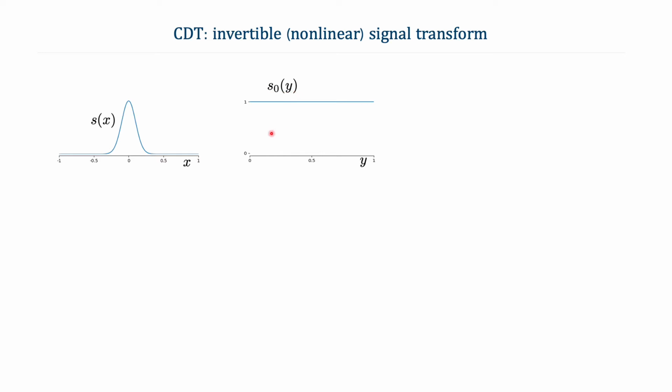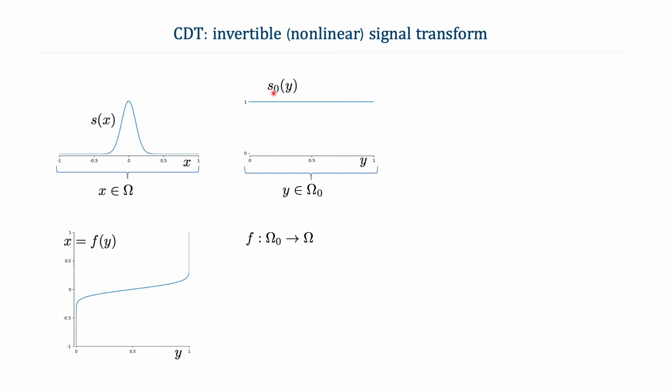In this case, we differentiate here explicitly the domain of the reference signal, which we call y, and x, which is the domain of our signal to be transformed, right? So we can say that x belongs to some domain omega. Omega is the domain of where our signal S of x is defined, and omega naught is the domain over which our reference signal S naught of y is defined.